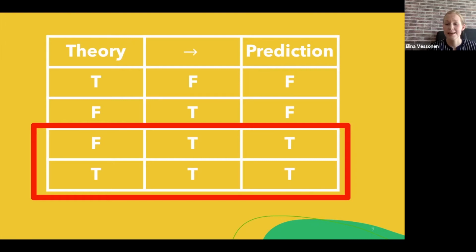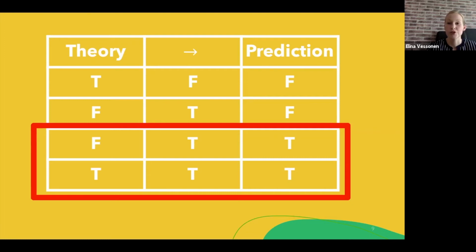And you will notice there that just from looking at the truth of the prediction, which is the latter part of the if-then statement, you cannot infer, or you cannot say anything about the truth of the theory. So the whole if-then statement is going to be true whether or not the first part, which in this case is the theory part, is true or false.